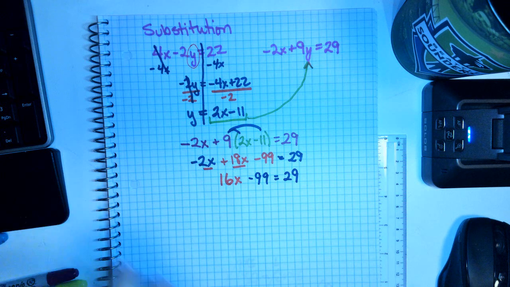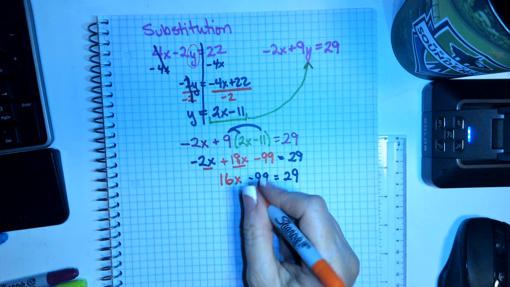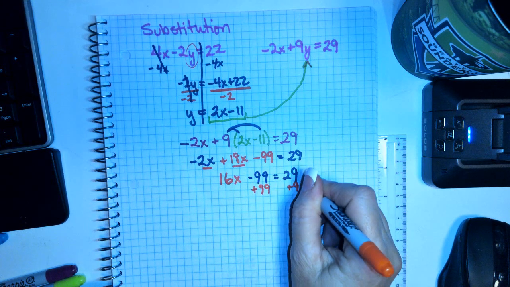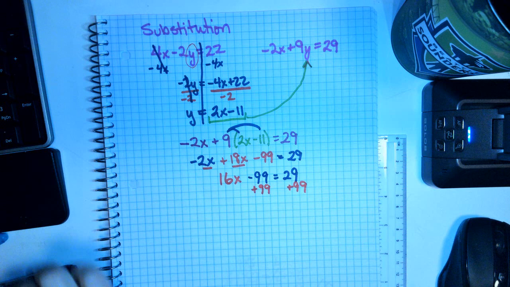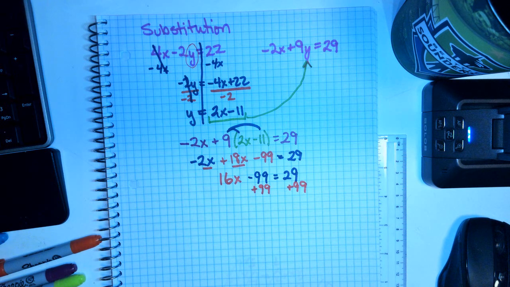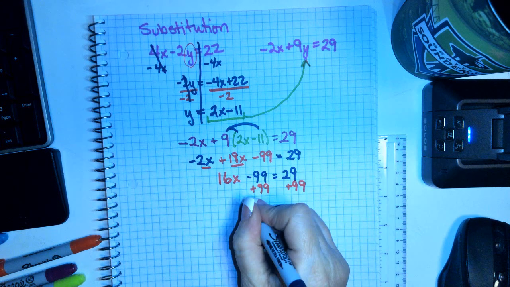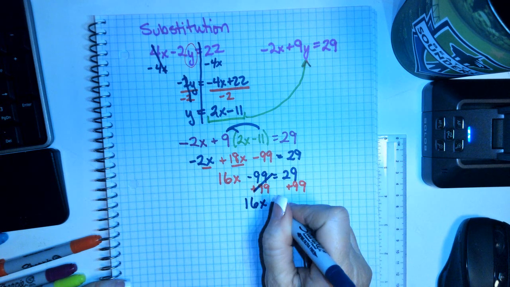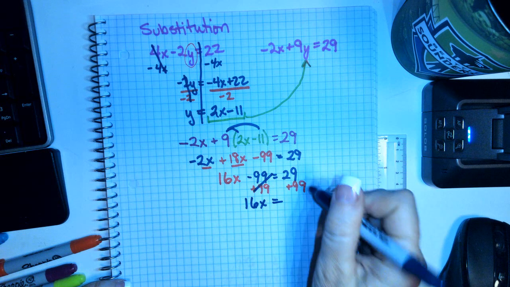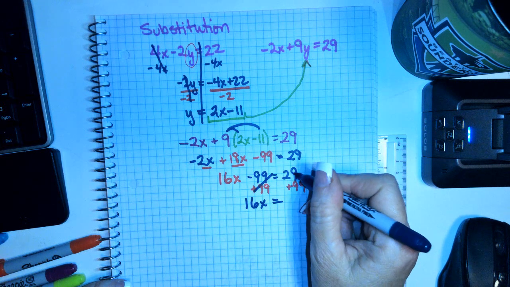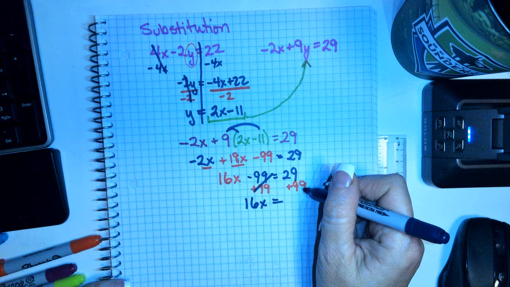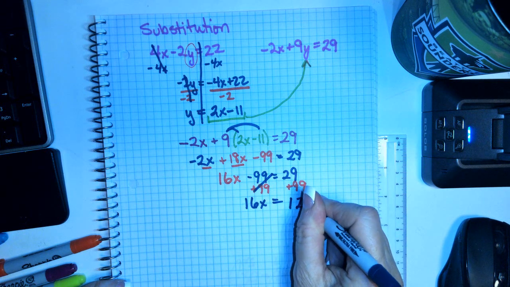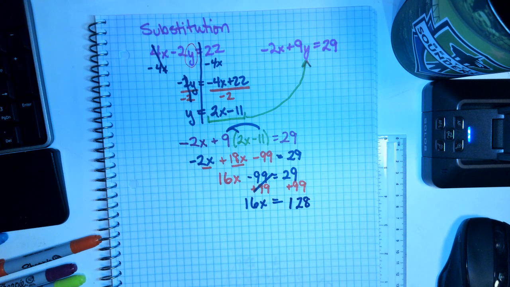Now, trying to get x all by itself, I'm going to add 99 to both sides. That will leave me with 16x, because this becomes 0. 16x equals, so there's 99. I'm going to take 1 away from the 29, so this will be 100. That would make this 28. So I will have 128.